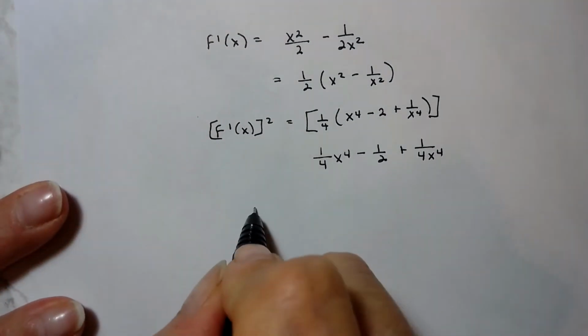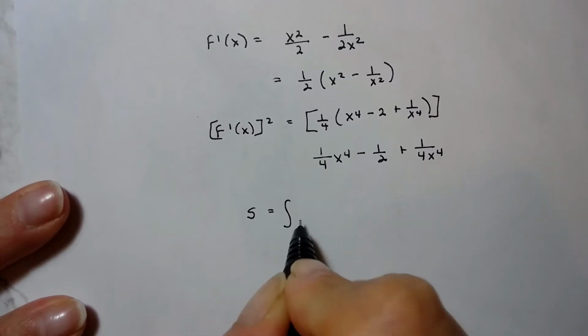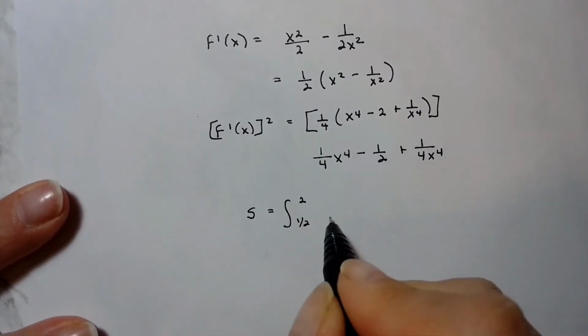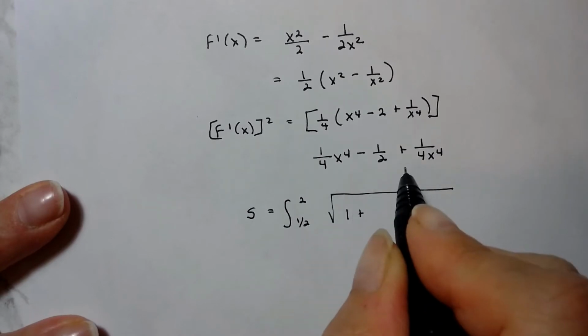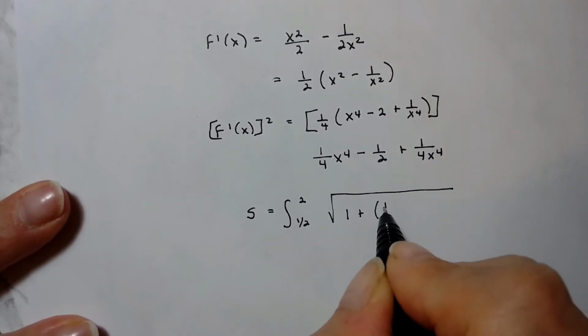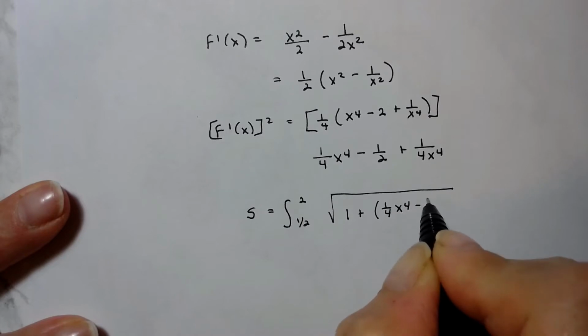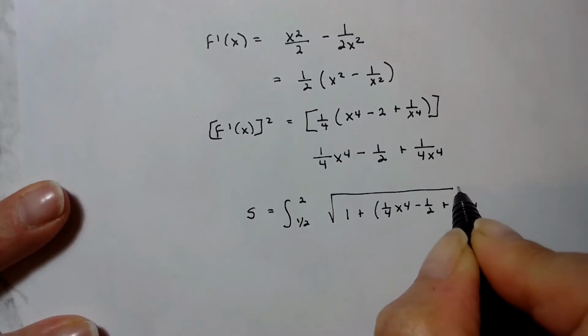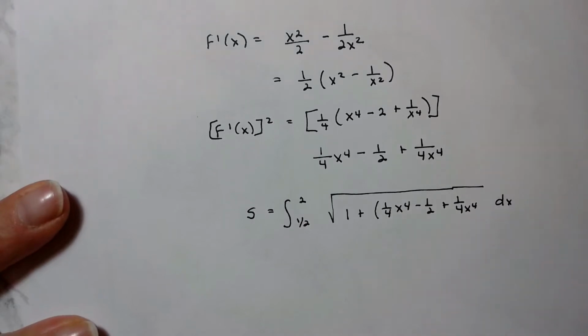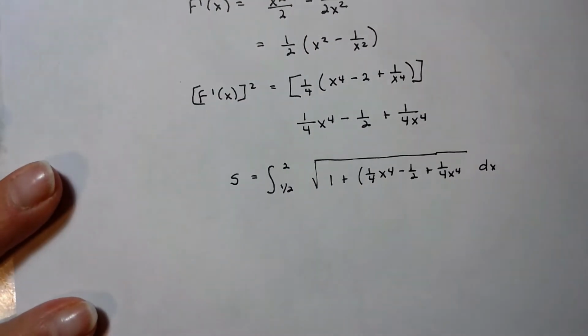So the arc length is equal to the integral from 1/2 to 2 of the square root of 1 plus this stuff. Right? This is my derivative squared.